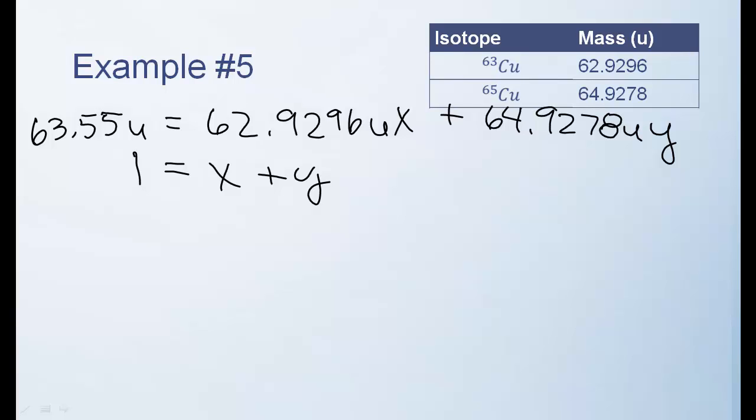So here I can make the variable substitution in the previous line and say, okay, that means that y is equal to 1 minus x. Alright, having done that, I can now take my previous line that I had here.